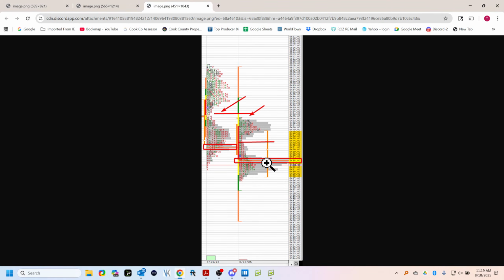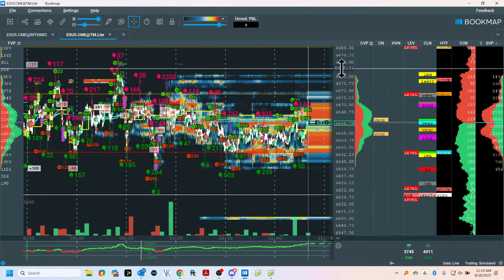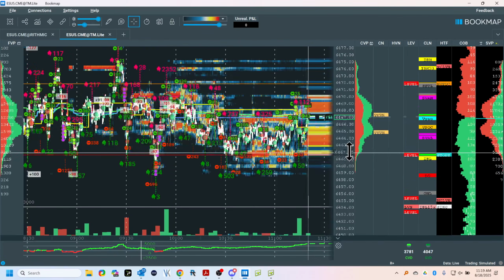And here's the reasons again. 72. This is the overnight volume point of control. So it was 71, 74, 85, 74, 81, and where was it? 60, I forgot what number it was.